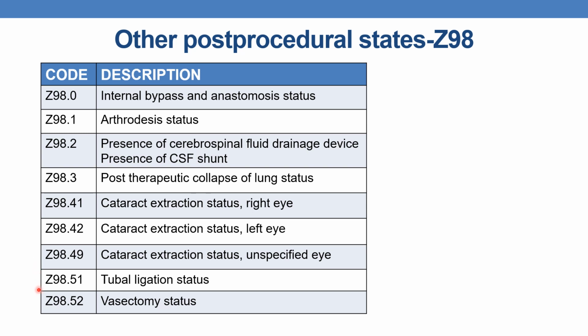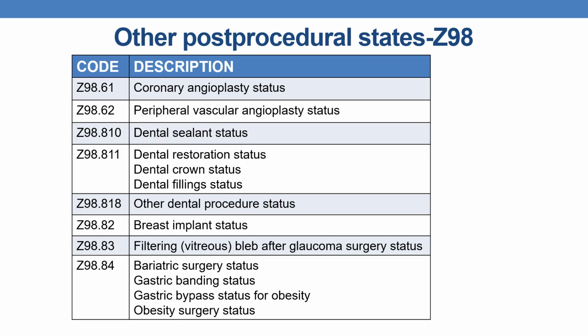The next is Z98.51. It indicates tubal ligation status. The next is Z98.52. It indicates vasectomy status. The next is Z98.61. It indicates coronary angioplasty status. And Z98.62 indicates peripheral vascular angioplasty status.